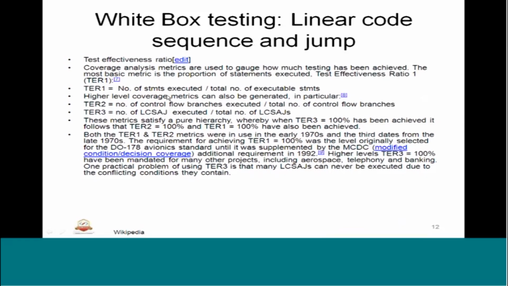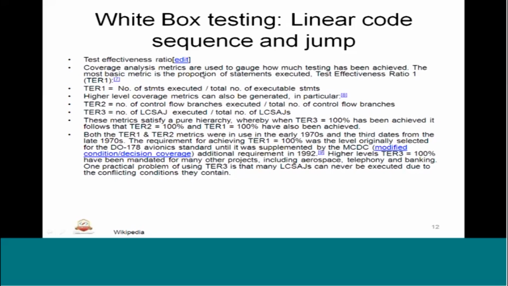It is the number of statements executed by total number of executable statements, number of control flow branches executed by total number of control flow branches, and number of LCSAJs executed by total number of LCSAJs. Altogether, we can have a TER, that is the effectiveness ratio. That means how much of the code we have sequenced and jumped in terms of testing. So accordingly, we will have this sort of testing. Coverage also will take care of this.